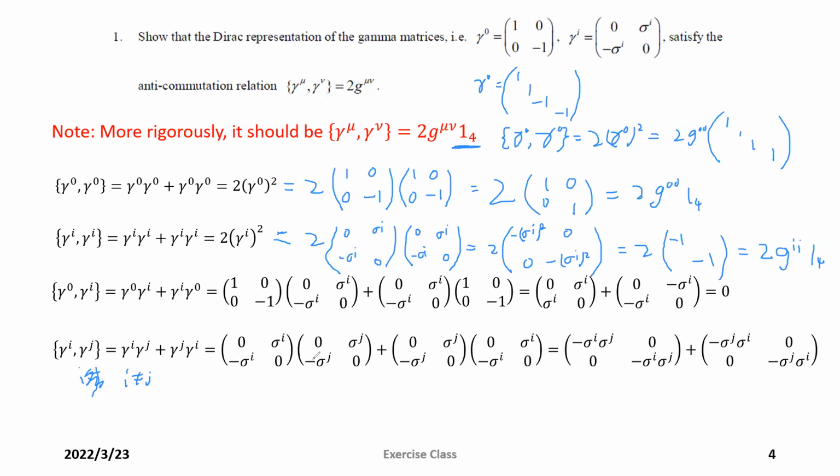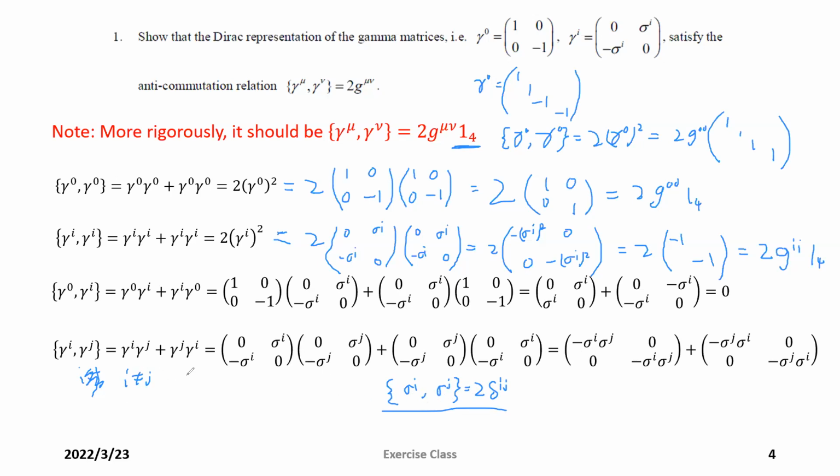You can expand, and in the last step, we can use another property of the Pauli matrices. This is the anti-commutation relation satisfied by the Pauli matrices.